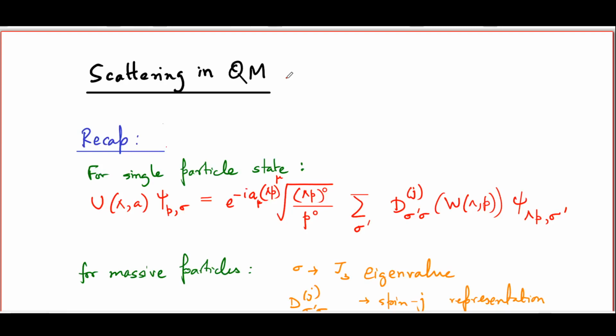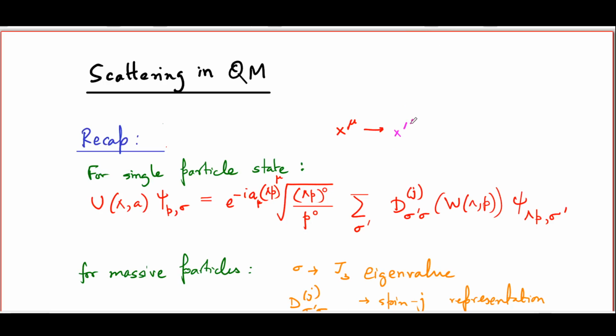Let us first recapitulate the basic things that we had learned about single particle states in the last few lectures. We have been talking about the effect of Poincare transformations on the state vectors describing single particle states. Remember, a Poincare transformation essentially is a transformation which takes you from one observer to another through a Lorentz transformation followed by a translation.